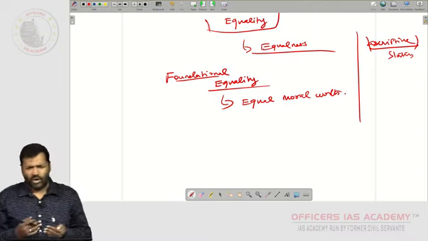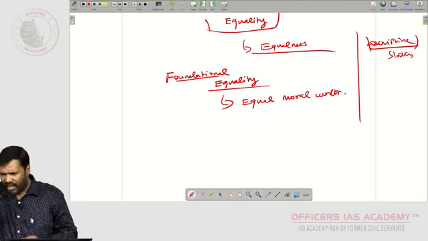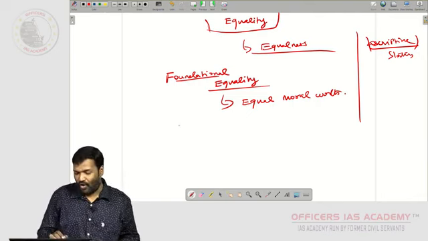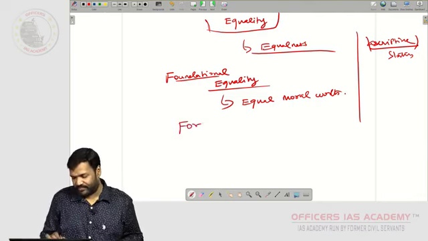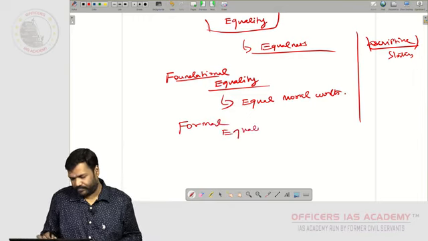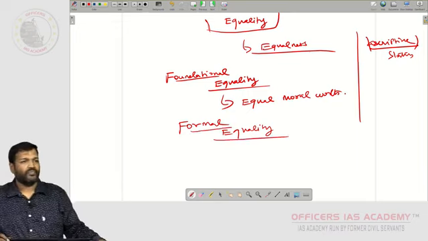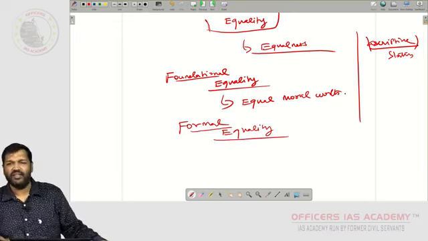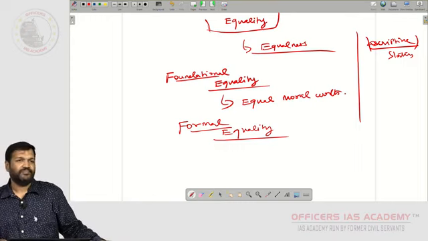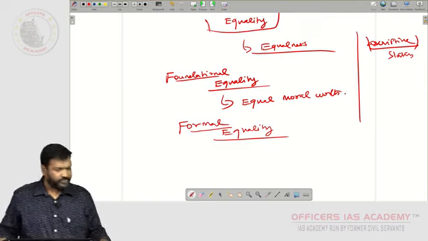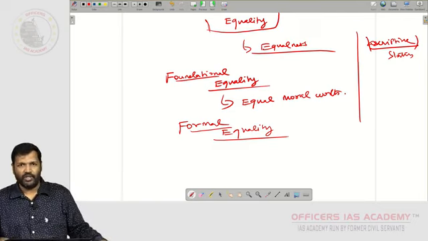Slowly and steadily, the concept of foundational equality gave birth to another logical concept of equality that is called formal equality. What is this formal equality? Very good.